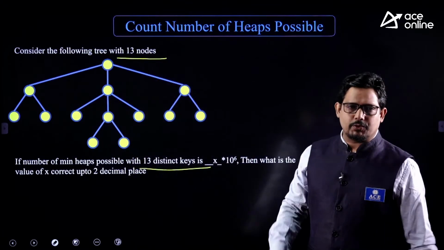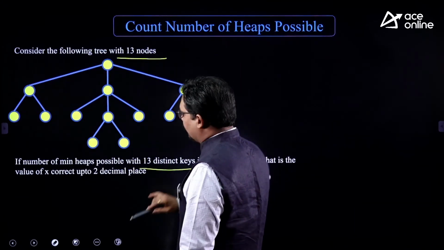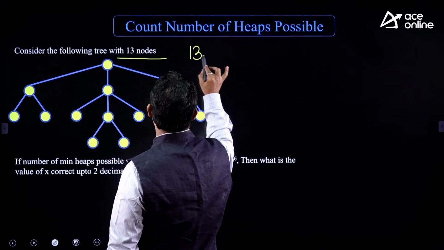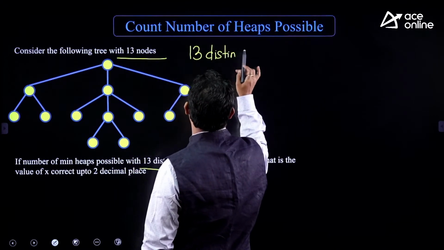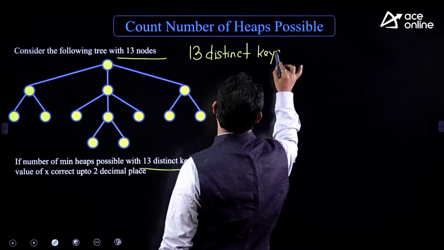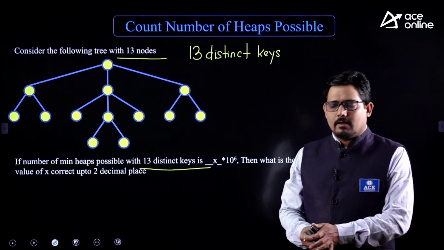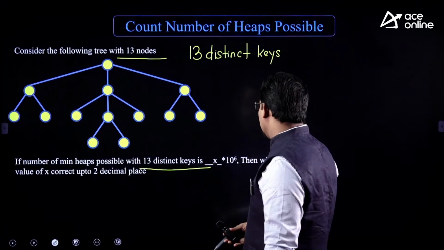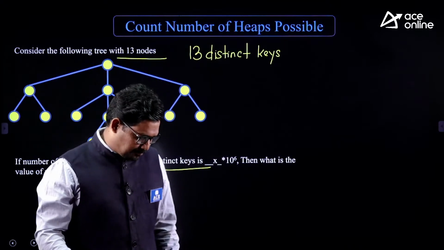This structure is given to you, and it is saying that 13 distinct keys are given to you. So how many min heaps are possible is x into 10 to the power 6. What is the correct value of x up to 2 decimal places?